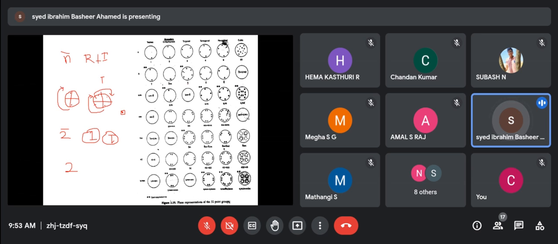Okay. So for 3-fold rotation, you will have 3 molecules in the cell. And if you invert it, what will happen? So this will come here, this will go here, this will go here, and it will be a circle. 4 bar, what will happen? So you will have 4 molecules, something like this, and you have to invert this. So if you invert, you will get 2 dots and 2 circles, just like this.